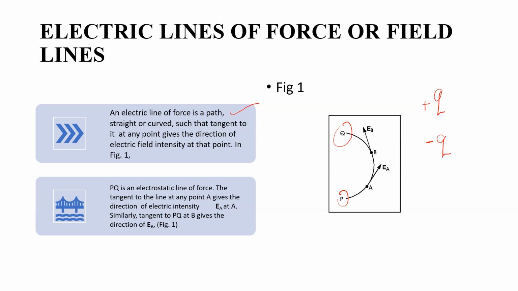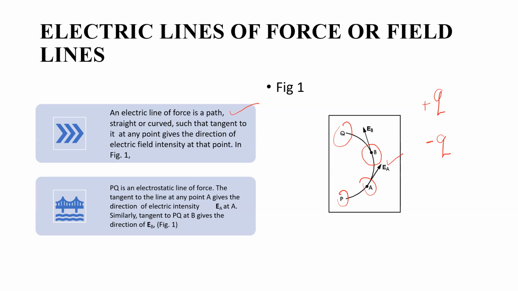The tangent to the line at point A gives the direction of electric intensity EA at point A. Similarly, the tangent to PQ at point B gives the direction of electric intensity EB at point B.